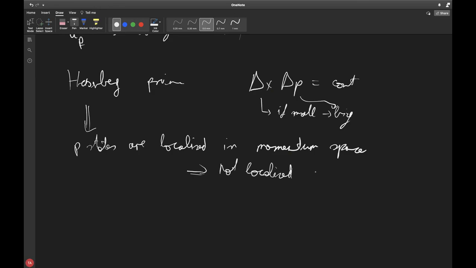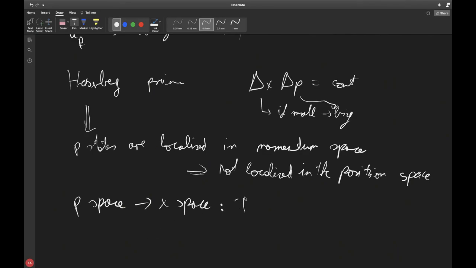They are delocalized in the position space. In order to express them in the position space, so now if you want to move from the P space to the X space, we need to do something which is called a Fourier transformation.